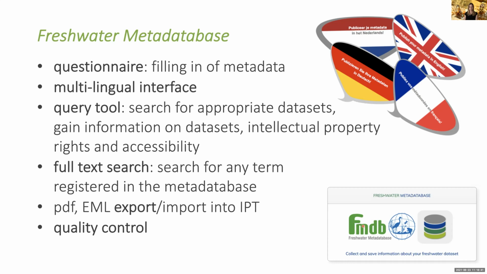But we offer also a full text search, so you can search for any term that is registered in the metadatabase. And the metadatabase also offers different export options, also export options that can directly be imported into the GBIF IPT. And all data that are collected in the metadatabase are subject to a quality control.